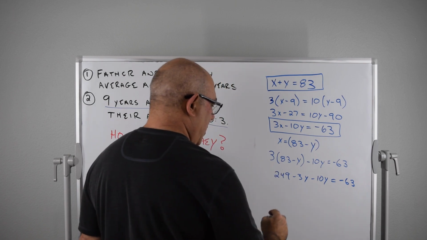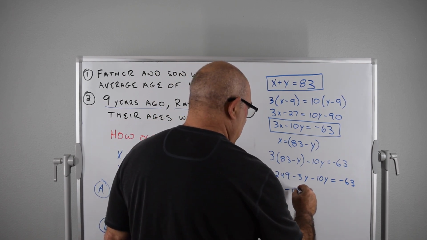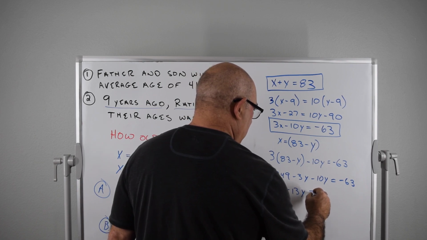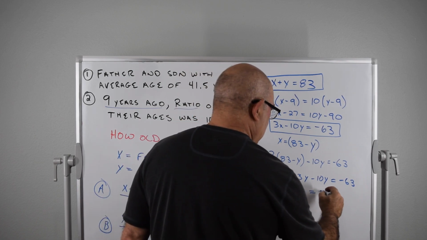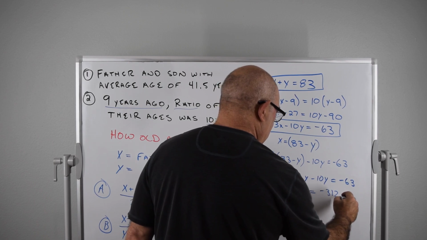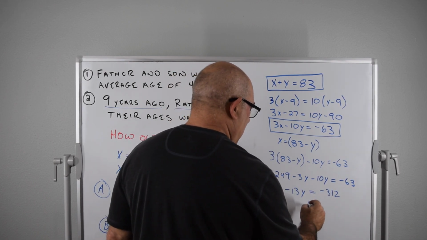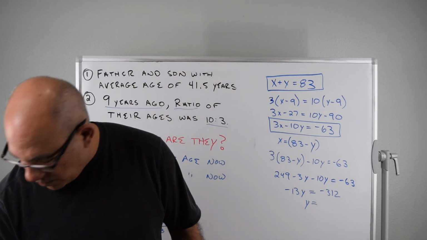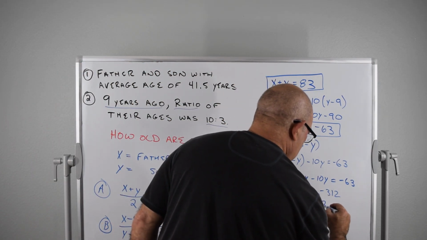Simplifying this, we get minus 13y equals minus 312. And if you do the math, y equals 24.